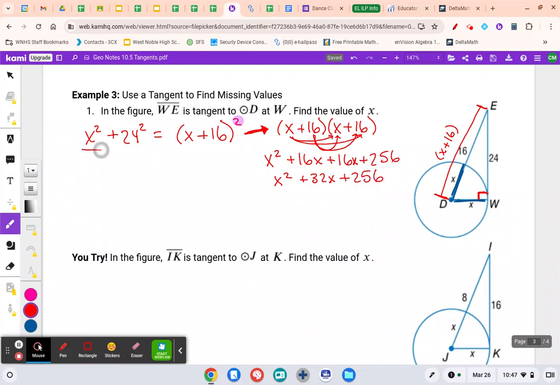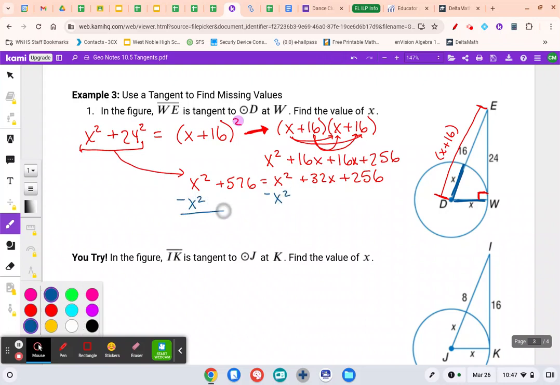I'm just going to bring these down over here so I don't have to rewrite this. So we have x squared plus, 24 times 24 is 576. And then we can solve. Guys, the solving ends up not too bad because we can subtract x squared on both sides and they cancel.